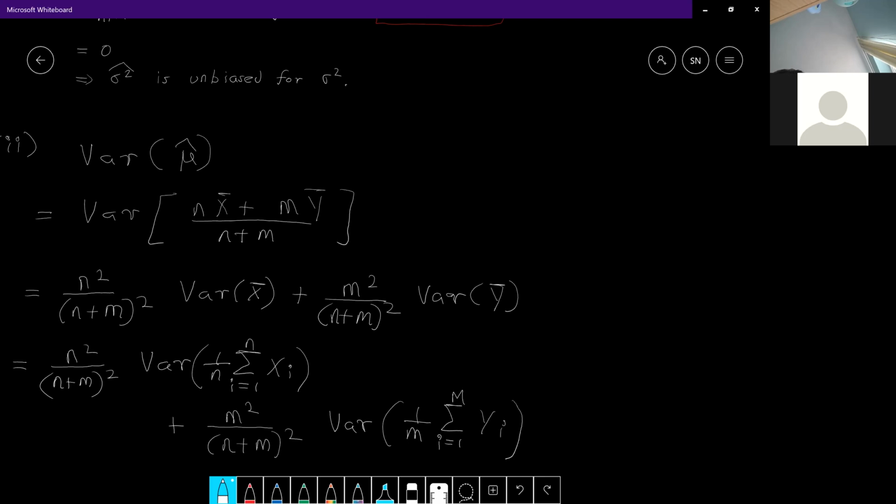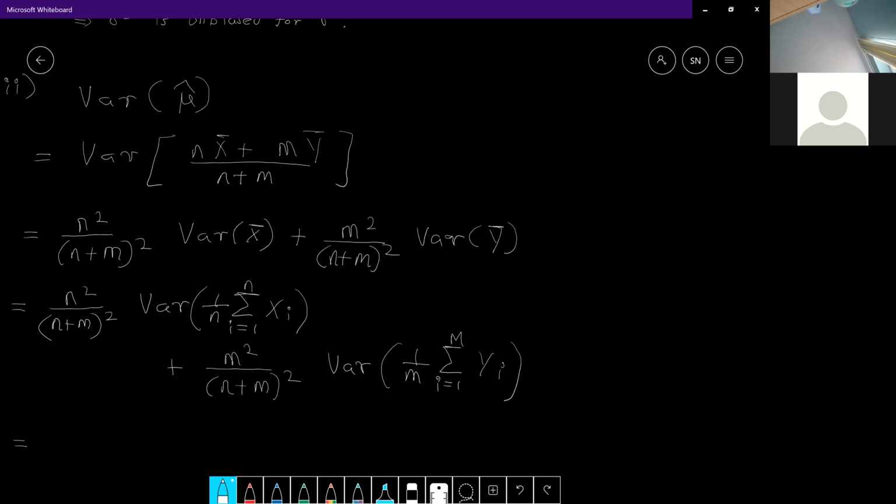Now you should take the variance inside the sum, and you will get the following.